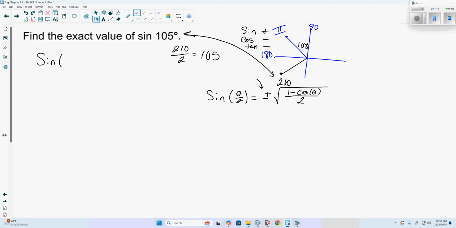So since we're taking sine of 105 degrees, in the second quadrant, sine of our angle, 210 over 2, will give us a positive value.